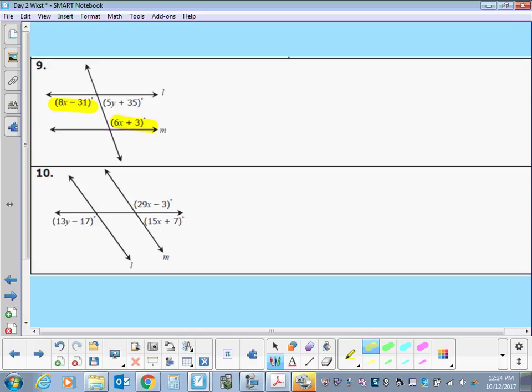All right, look at my x variables. What's that angle relationship? No one knows? Look at my x's, they're highlighted. What's that relationship? That's my interior.